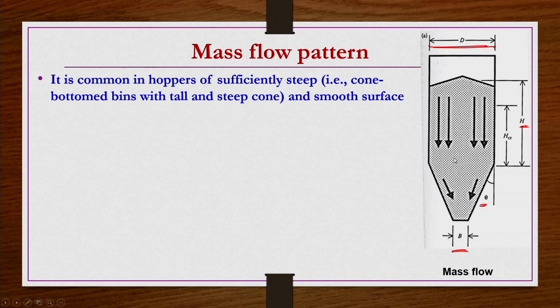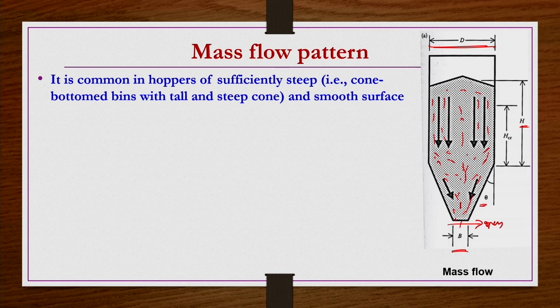What happens here? The moment you open the opening here, you expect all the material to come out smoothly without any problem. Any restriction is not going to occur, and there will not be any obstruction in the flow, so you can have a smooth flow without any stagnation.